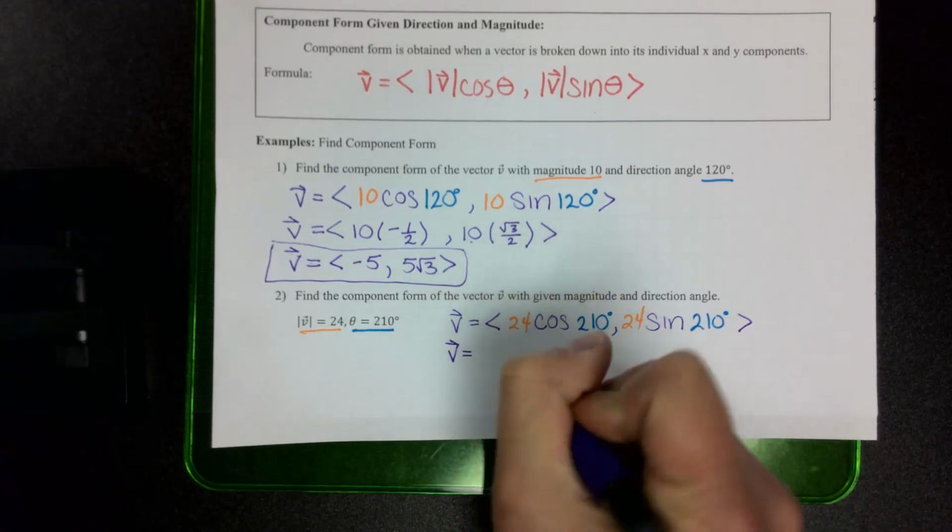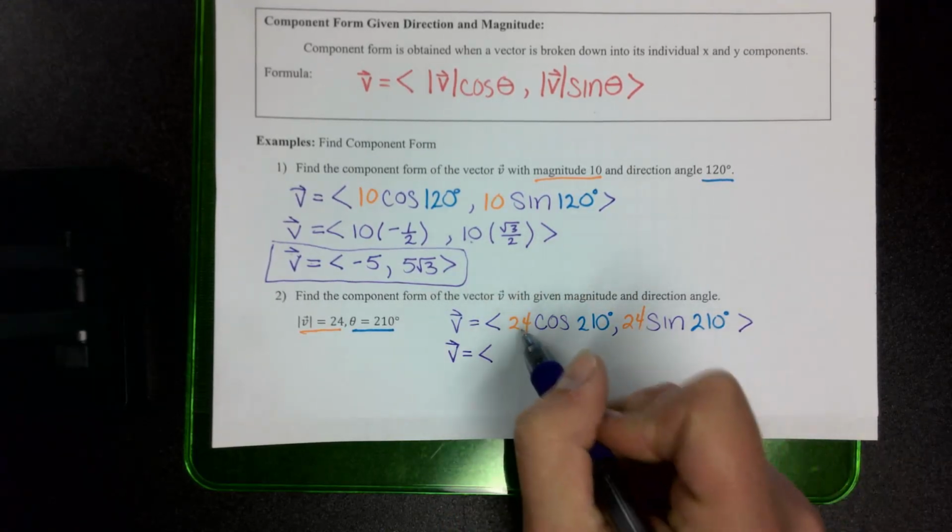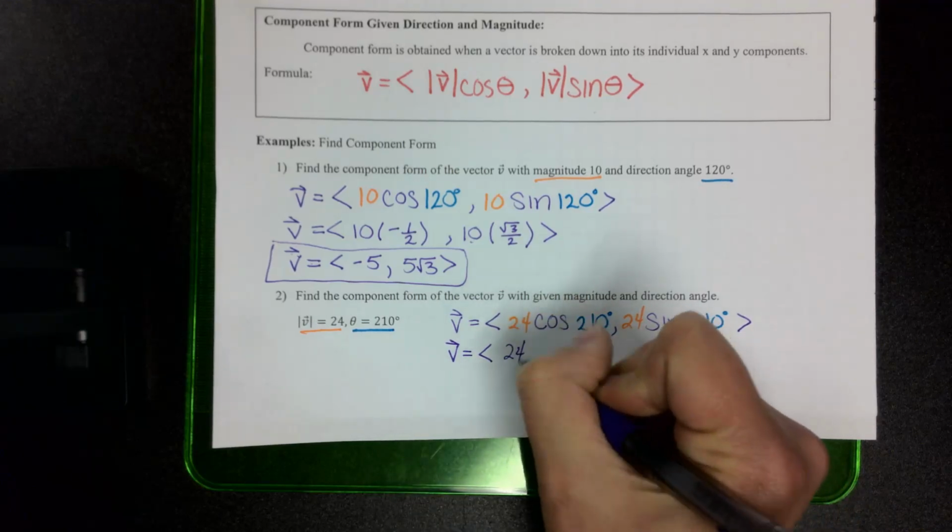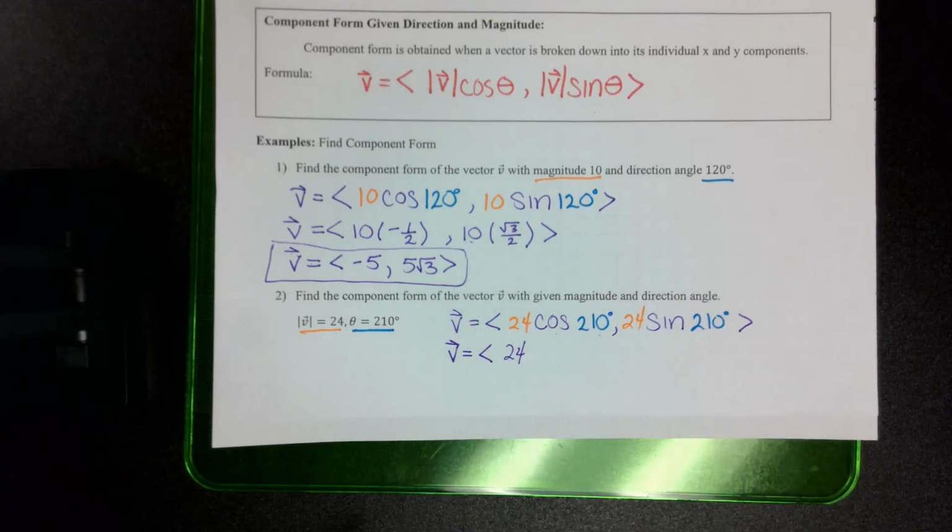Vector v equals, I'm going to save the 24 for later, cosine of 210 degrees.